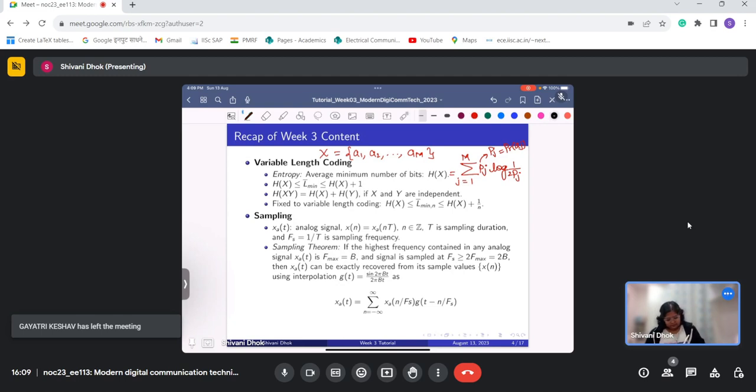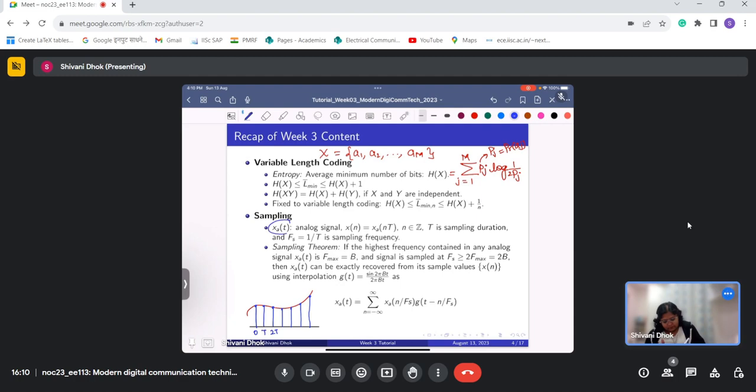The first thing is discrete time, making the analog signal discrete in time. That is, if I have an analog signal like this, what sampling does is it creates samples like this. Now if I am doing uniform sampling, then I'll sample the signal after every T duration. That is, this is 0, this is T, this is 2T, and so on.